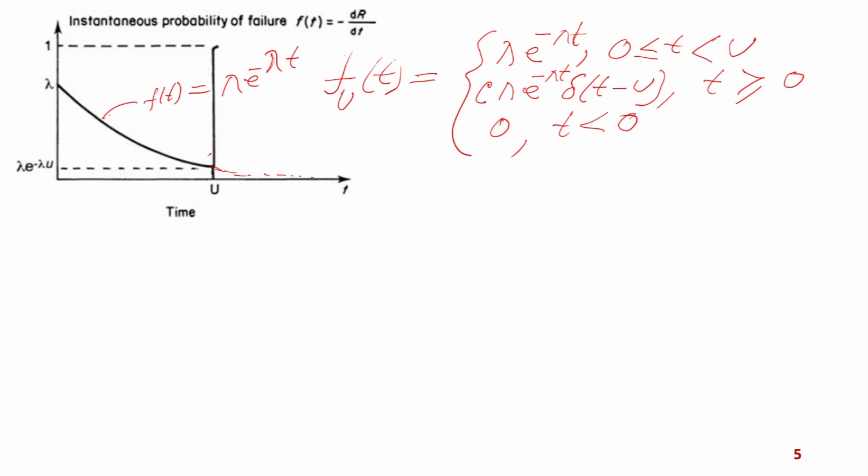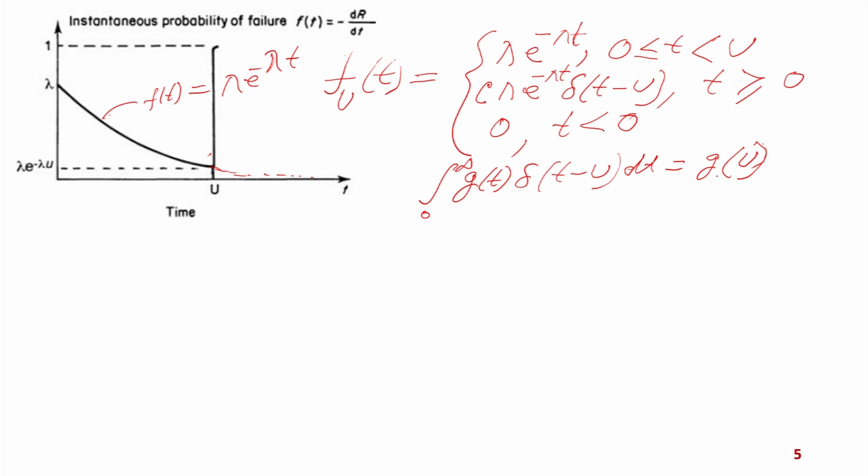Okay. Now, we will just see what this Dirac delta function is. If I integrate from 0 to infinity a function g(t) multiplied by the Dirac delta function δ(t − u), this integration gives g(u), because the integration is effectively done only at a point.